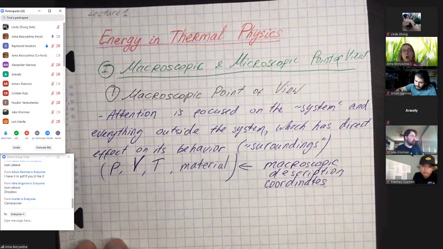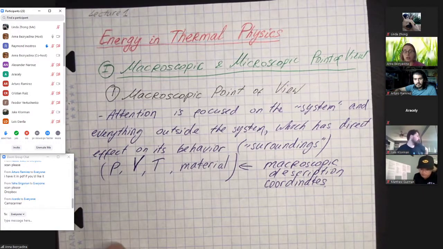We're talking about it as a whole thing. For example, you are a macroscopic system. I don't care where each of your hairs lies, or how exactly you're breathing at this point. Where is your molecule of air going inside of your body? I don't care about these things, or about the small structures inside of this thing. So I'm talking about the whole system overall.